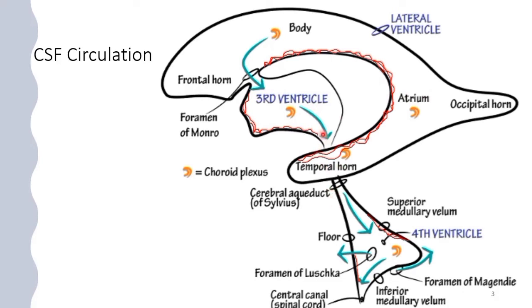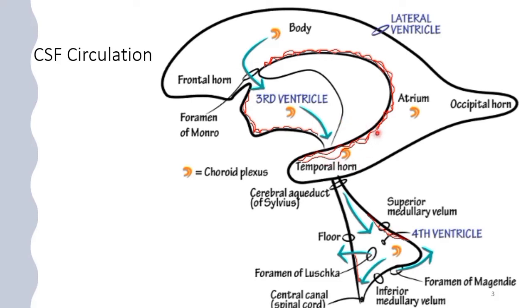Then there is a duct known as the aqueduct of Sylvius or cerebral aqueduct, which connects the third ventricle to the fourth ventricle. The fourth ventricle is triangle or diamond shaped. From the fourth ventricle, the foramina of Luschka and Magendie communicate with the subarachnoid space.